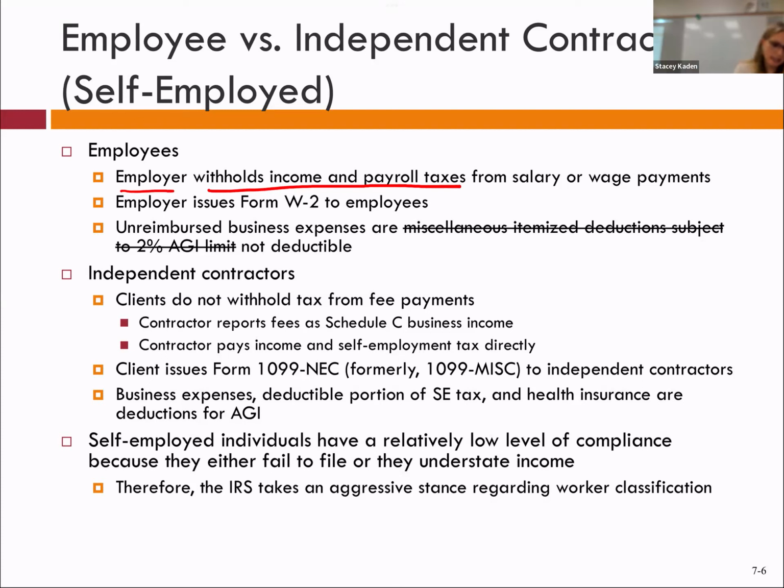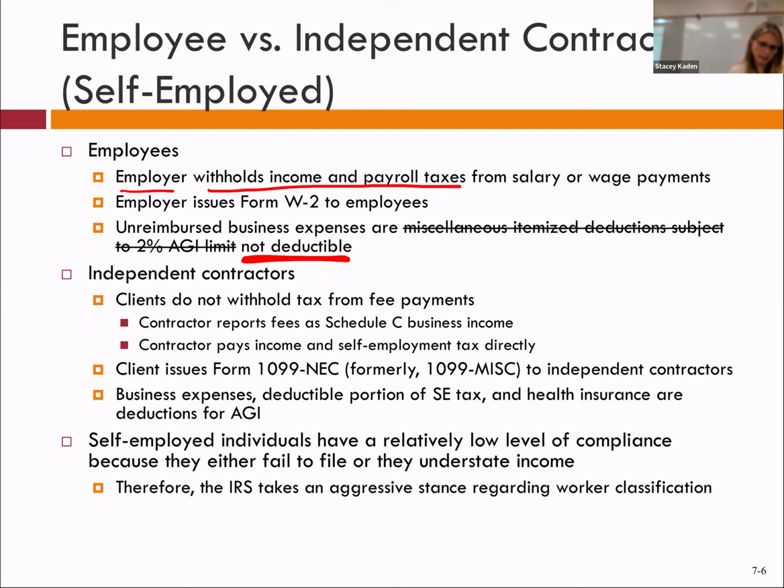And currently not deductible. In 2026, those may come back as an itemized deduction. But right now, if you're an employee and your employer doesn't reimburse you, there's no tax benefit for you. You're just out of pocket that.